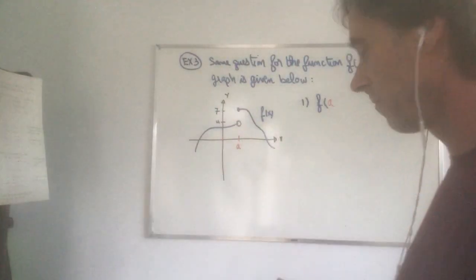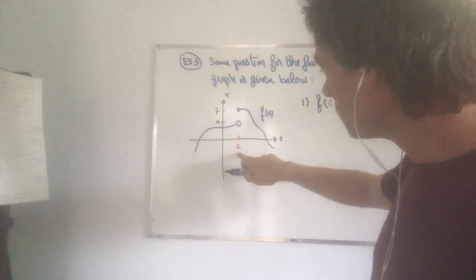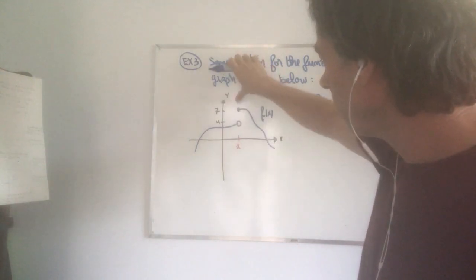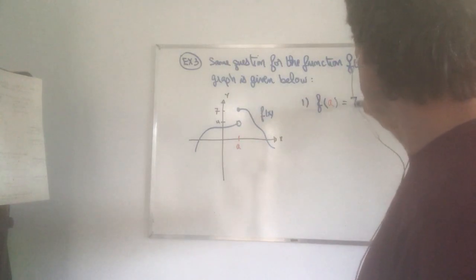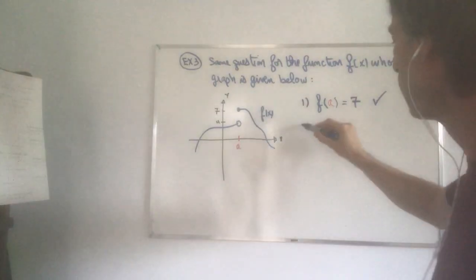From the graph, at x equal to a, what's the value of the function? Is it here or is it there? Of course it's there, because that's where the full point is. f of a is 7. That number exists. Condition 1 checks out.